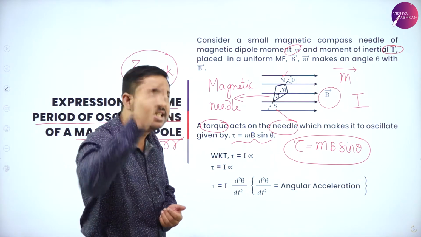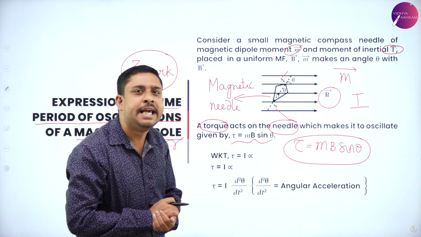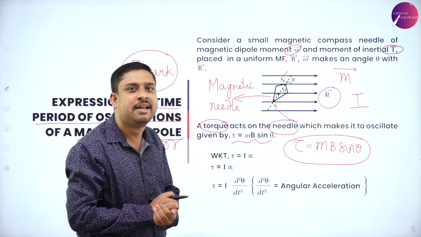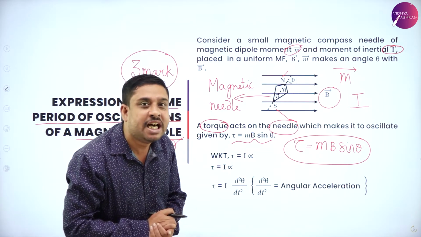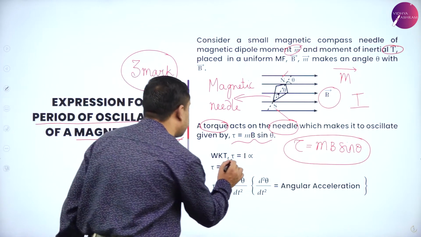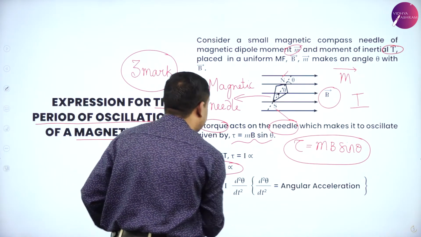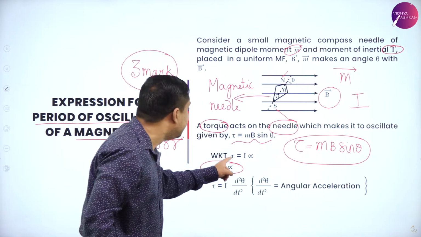Now, dear students, can you recall any expression relating torque and moment of inertia? First PU, rigid body dynamics. We know that tau equals I into alpha.